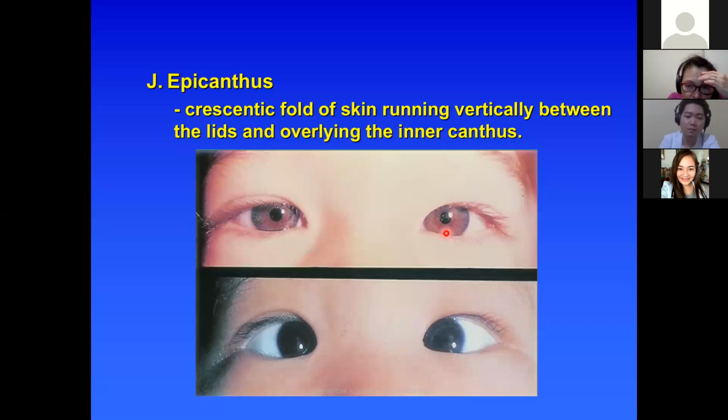Basta free ang visual axis. Okay? This is epicanthus. This is your epicanthus palpebralis, from lower to upper, both lower and upper. This one is epicanthus inversus. Okay?